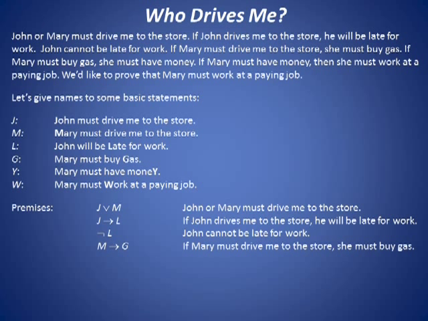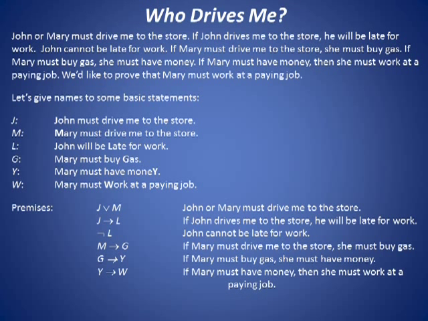M implies G, which is if Mary must drive me to the store, she must buy gas. G implies Y, if Mary must buy gas, she must have money. And finally, Y implies W, which is if Mary must have money, then she must work at a paying job. The conclusion to be drawn is W, which is Mary must work at a paying job.